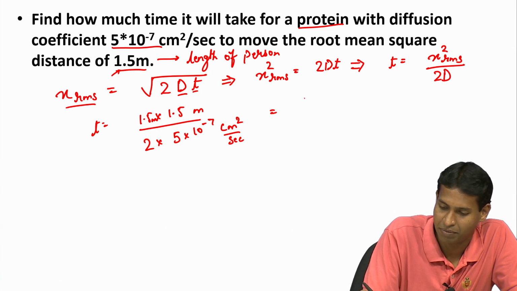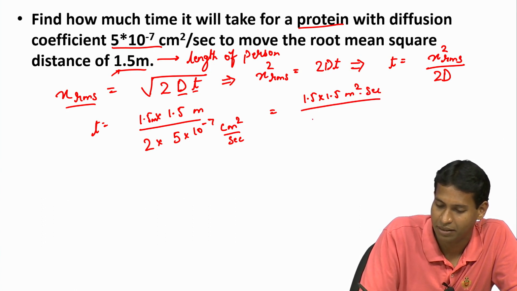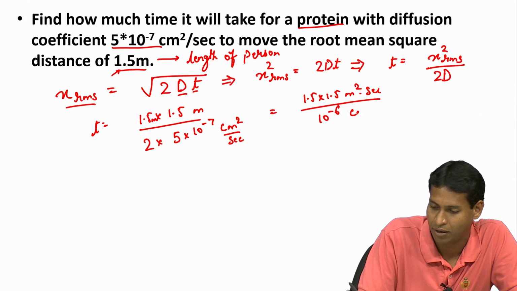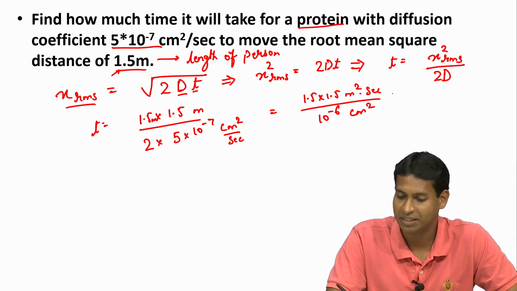So this will then become 1.5 multiplied by 1.5 meter square second divided by 10 to the power minus 6. So 2 times 5 is 10, and 1 subtracted, centimeter square. Now I can't cancel this out until they are in the same unit.